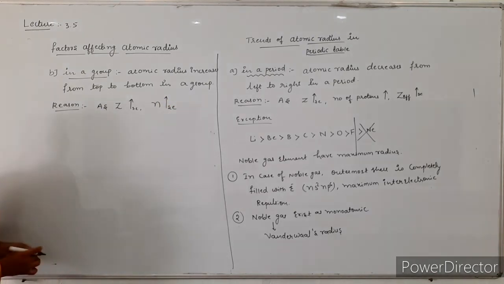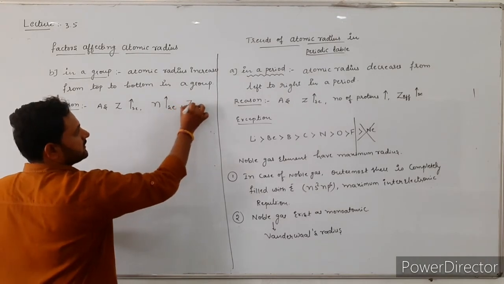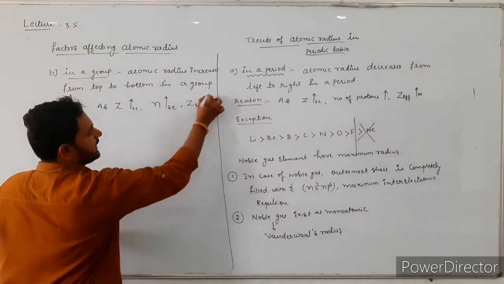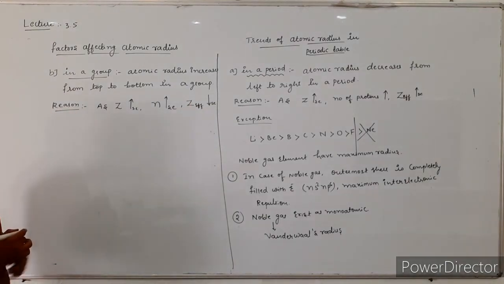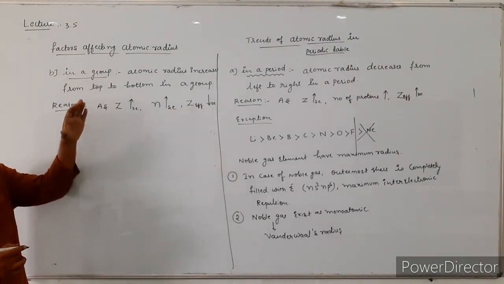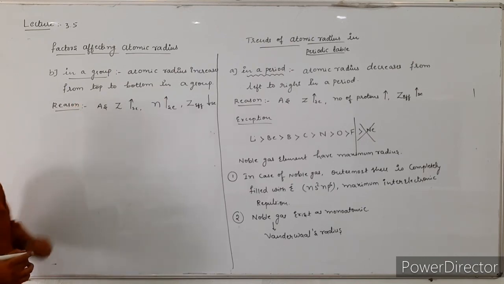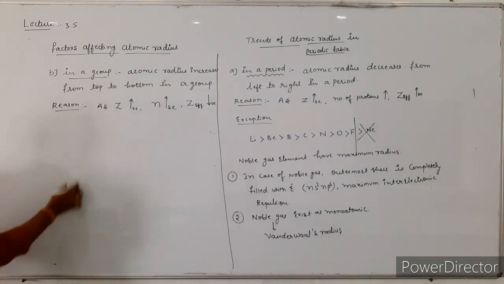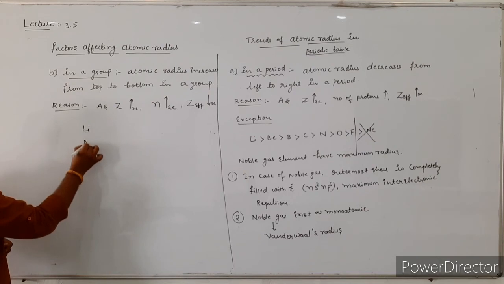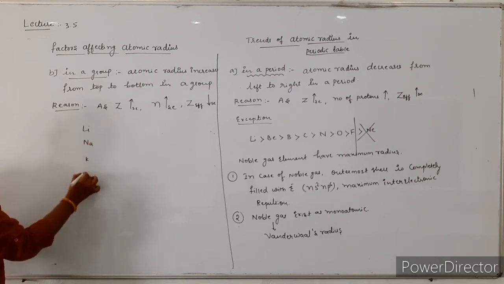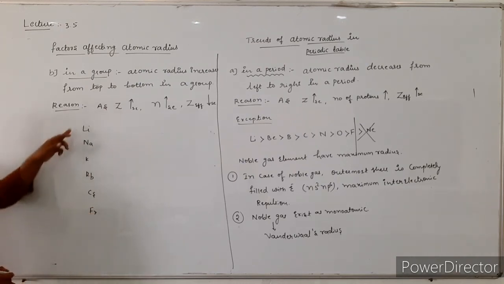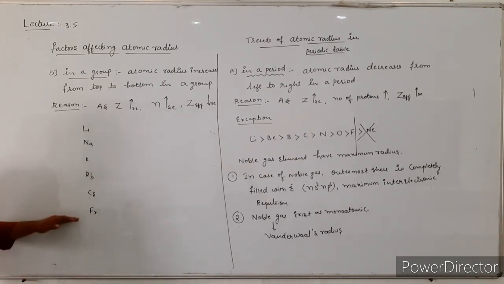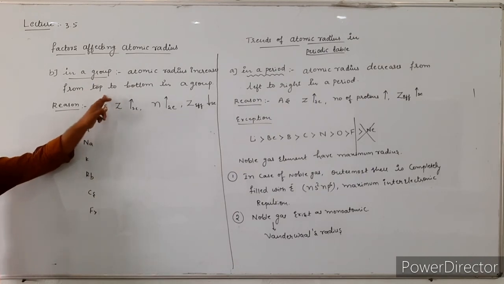As number of shells increases, then what happens? Effective nuclear charge decreases. As effective nuclear charge decreases, then what happens? Size increases. Now I will write one example: lithium, sodium, potassium, rubidium, cesium, francium. Down the group from top to bottom, atomic radius increases.